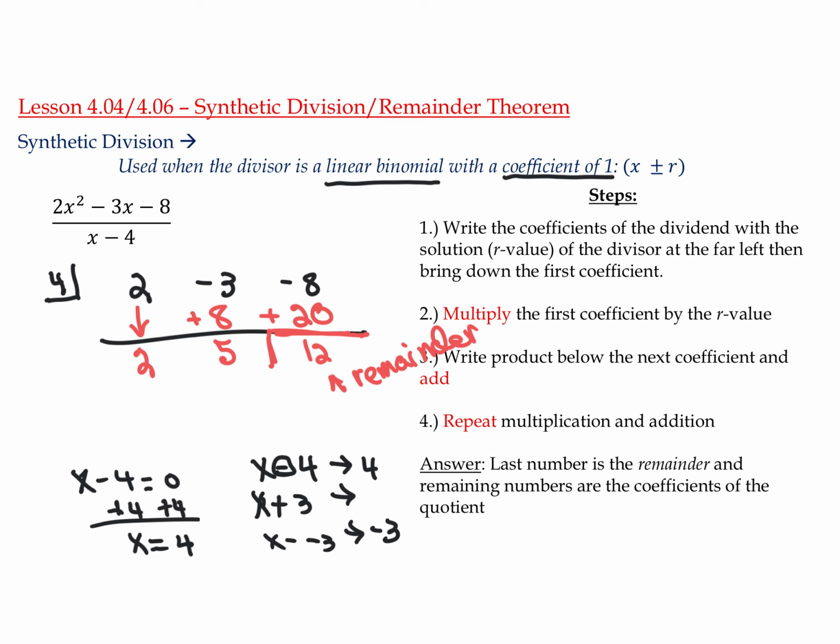To get your answer, we are dividing an x squared by an x. That means when I write my answer, the 2 is going to be the coefficient of x to the first power. The 5 is going to be the constant, and we add the remainder, which is going to be 12 over x minus 4.